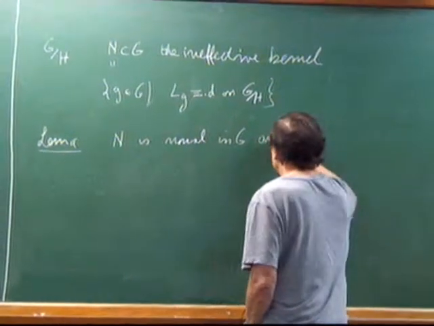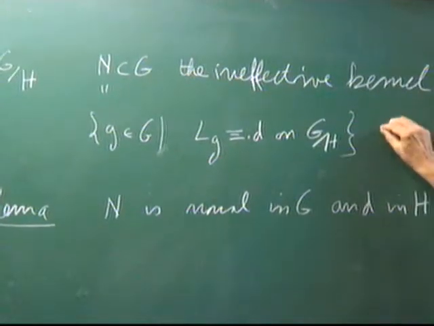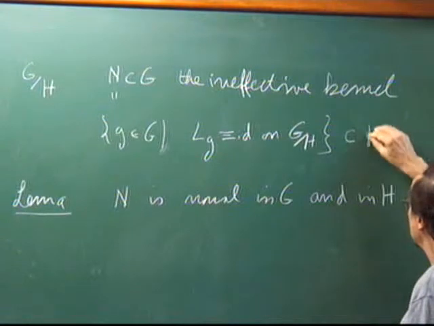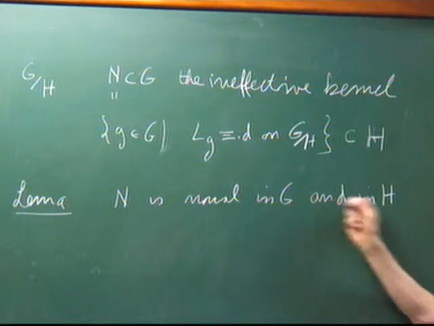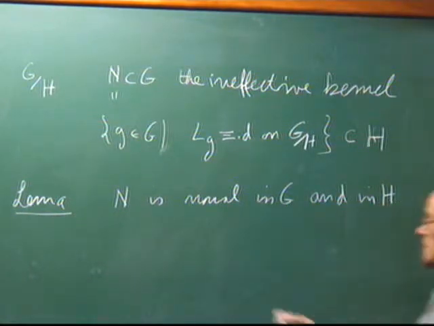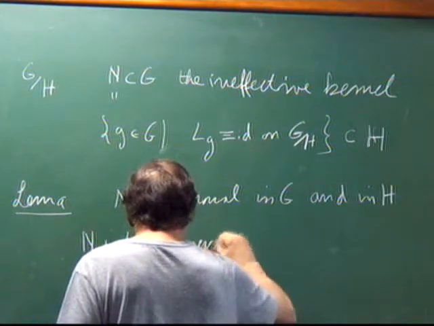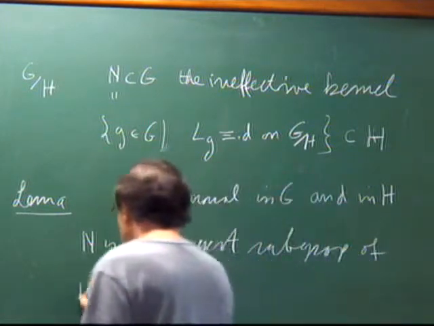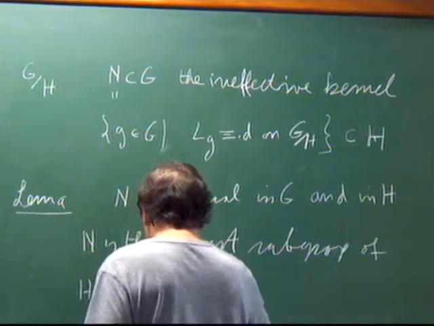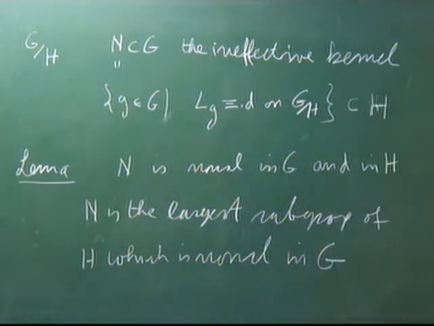And in H. Of course, notice that N here, since it fixes all points, particularly the base point, certainly sits inside H. So it's a subgroup of H, and if it's normal in G, of course it's also normal in H. And I claim that N is the largest subgroup of H which is normal in G. The largest common normal subgroup of G and H is precisely the ineffective kernel.